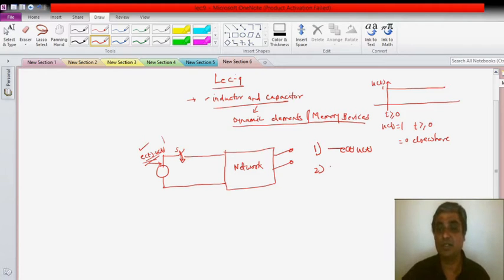It means I must know the initial voltages and initial currents. So I must find out what my initial voltages and currents are. Now assume that I know all the initial voltages and currents of the energy storage elements.